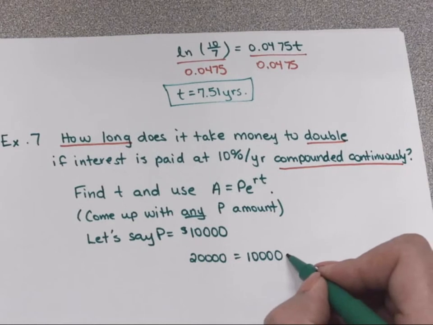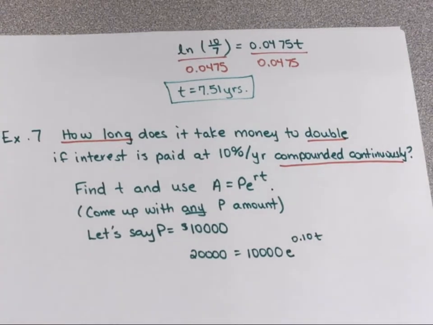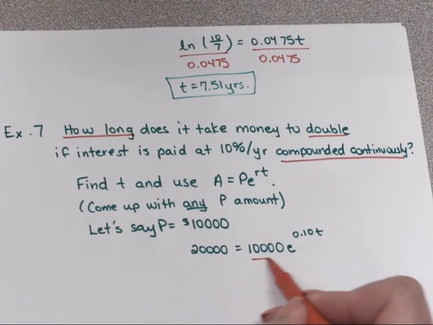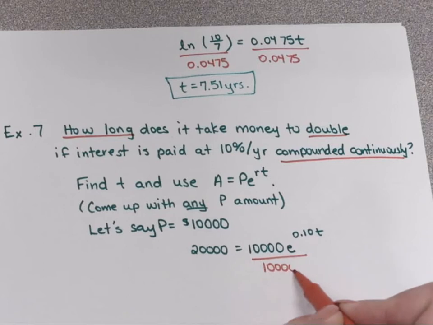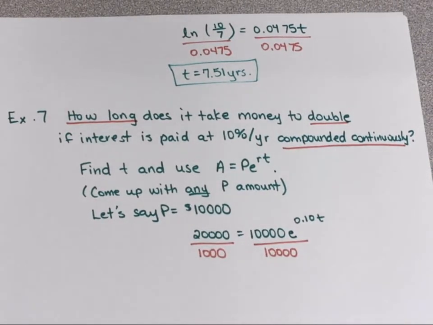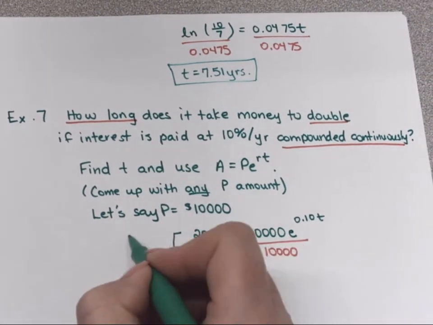Let's plug in everything. We've got e to the 0.10 times t power. The reason it's not going to matter is because you're going to divide by 10,000. It wouldn't really matter what we started with, because what would this always be?